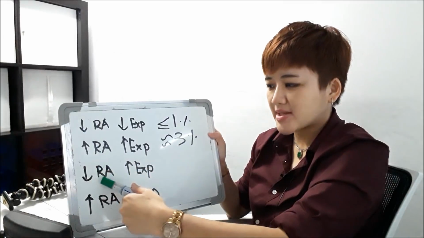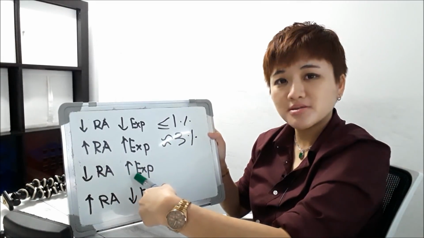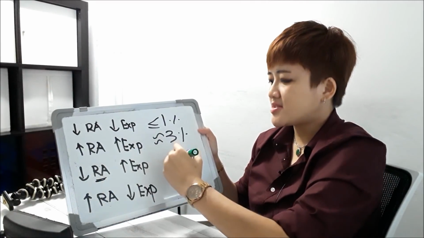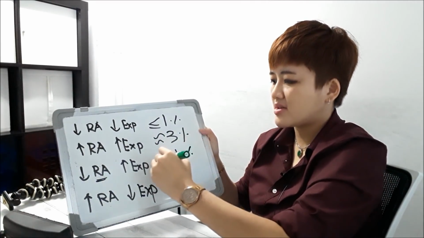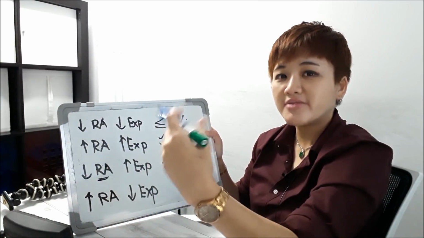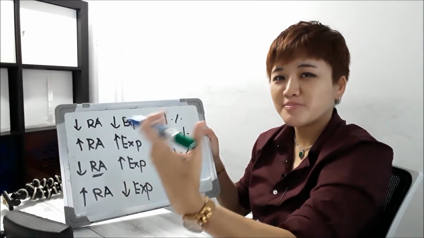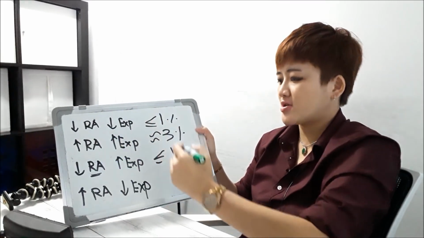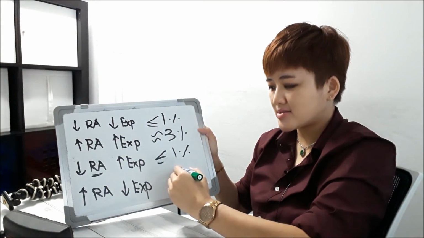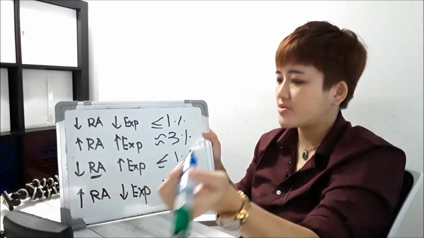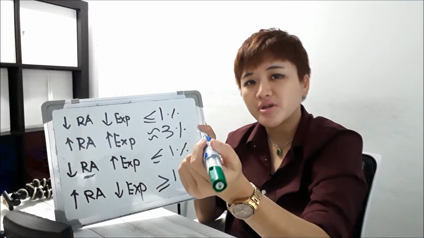But if you have low risk appetite and high experience, then you should stick to your risk appetite. Risk 1% or less than that. If you have high risk appetite and you have low experience, then it's still better for you to risk 1% as a start, but then you can gradually increase it to 2% when you become more experienced, and then finally to 3%.